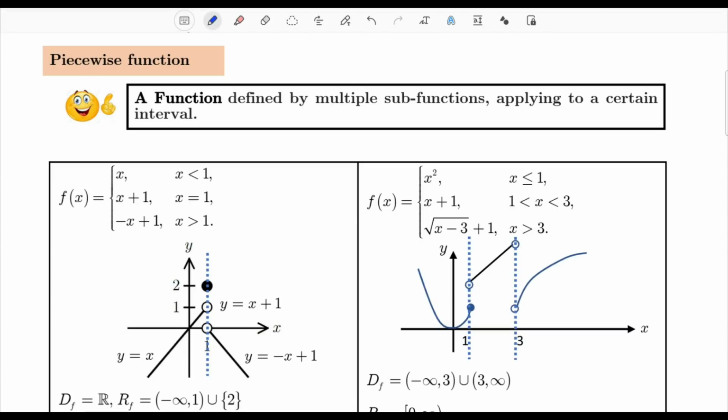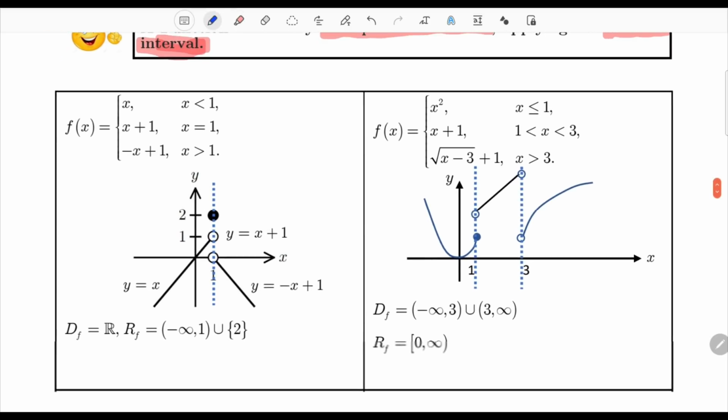Piecewise function. So a function defined by multiple sub-functions, applying to a certain interval. So we have more than one function to sketch. Right, so let's look at the example here.